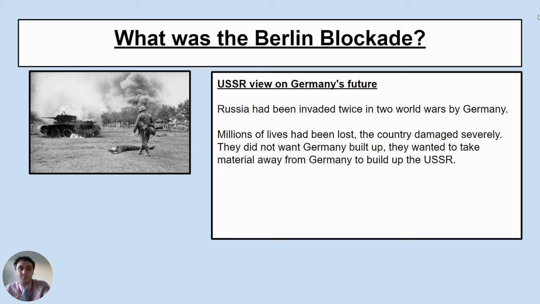You don't want Germany to be strong. They said, take materials away from Germany to repair the USSR. We need to take from Germany to repair our country, which has been invaded twice now. They said Germany must remain weak. They basically wanted Germany to be farmlands, and the Soviets should have control over Germany to make sure that it was protected in the future.